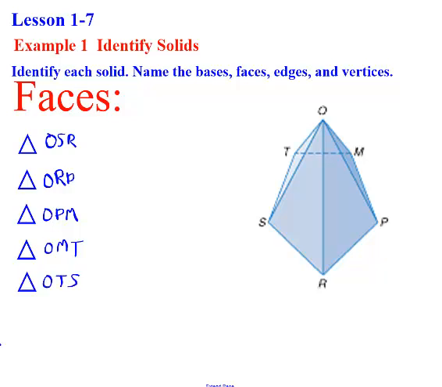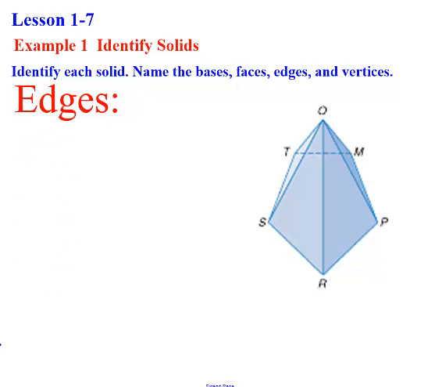Now I'm going to name all of the edges, and the edges are just the sides of it. So I have all of the edges making up the base, which are line segment MP, line segment PR, line segment RS, line segment ST, and line segment NT. Now I'm going to name all of the edges that make up the sides or the faces.